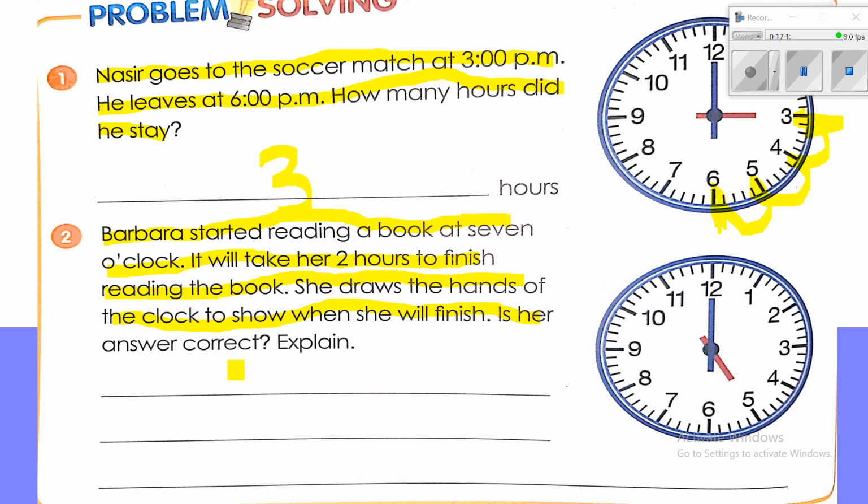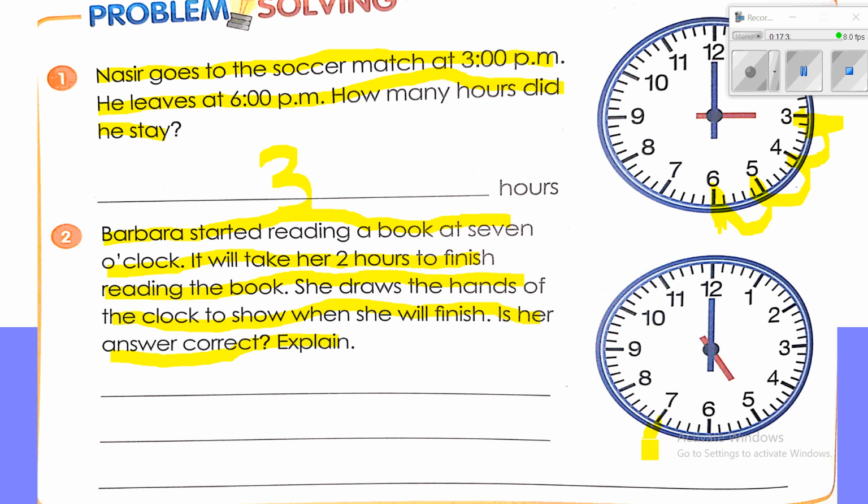Is her answer correct? Explain. So she starts reading at 7. Here is 7. And she will finish reading 2 hours later.